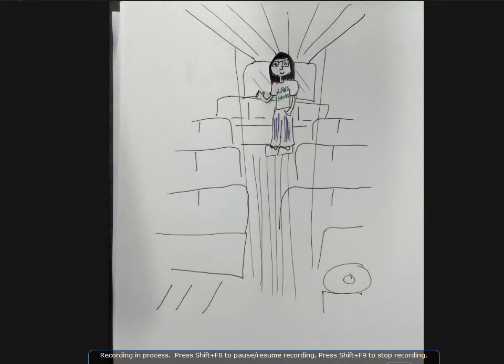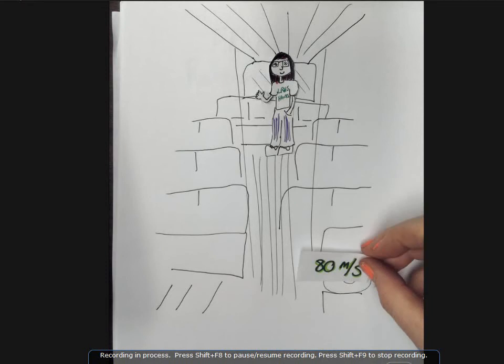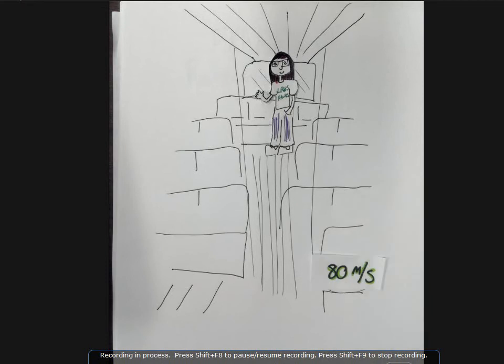So considering you sitting in the back of the bus, I suppose it does or does not matter if you know how fast this bus is traveling. But let's say that this bus is traveling at 80 meters per second. If you look out the windows, you can tell that you're traveling 80 meters per second.